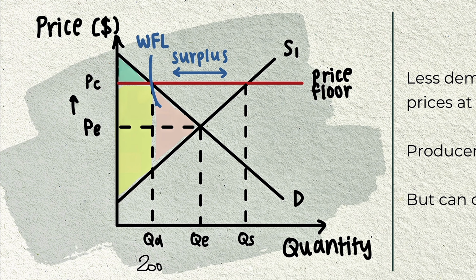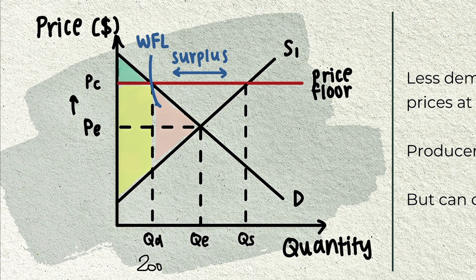In the case of suppliers, they are more than willing to sell their sandwiches at QS at the price PC. The reason for this is that the suppliers will get more revenue for each sandwich sold, as the incentive to make a profit is significantly higher.